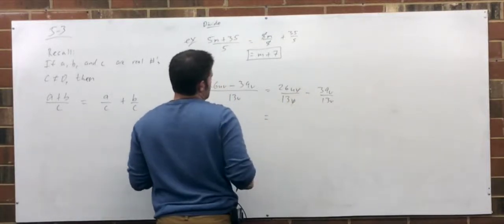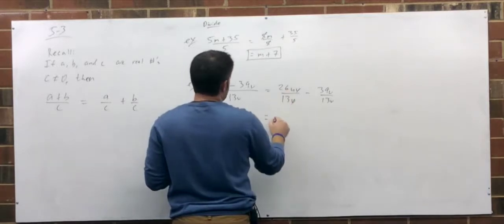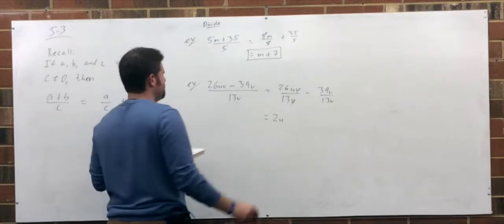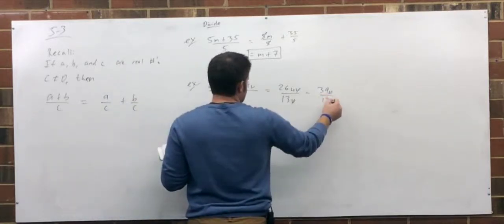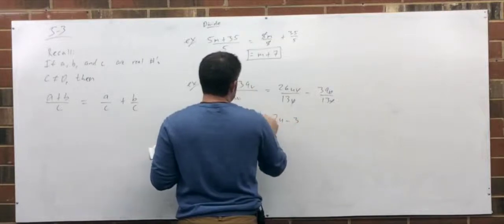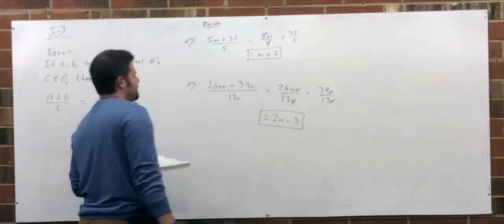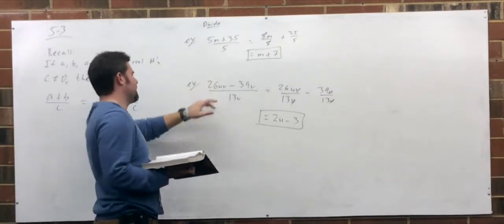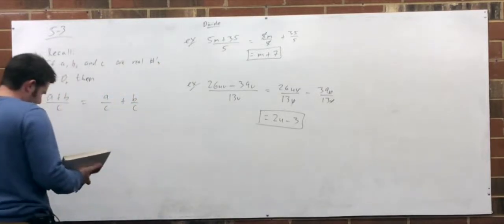The v's cancel with each other in this first term. 13 goes into 26 2 times, so we're left with 2u there. In the second term, the v's cancel again, and 13 goes into 39 3 times, so we have a final answer of 2u minus 3. So very similar to the first example, just a couple more variables in it.